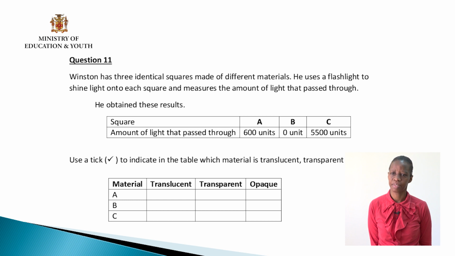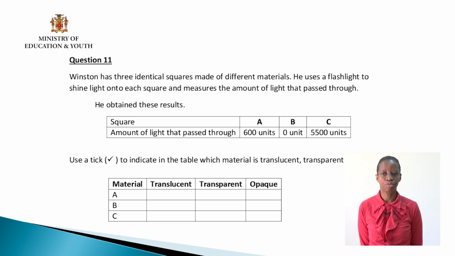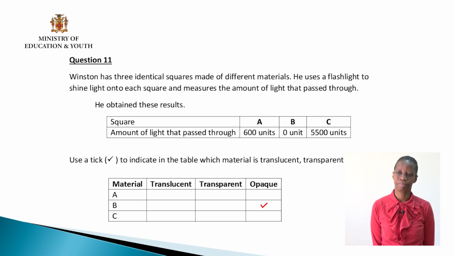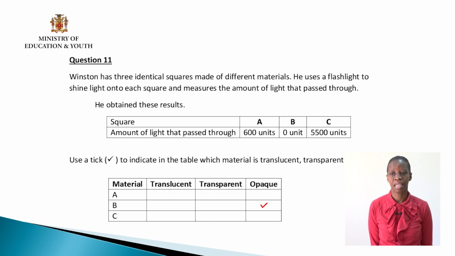What did you choose? All right, let's see. So, let's start with the opaque object. The one that had no light passing through, 0 from the table, would be opaque. Translucent allows some light. So the next value, 600 units, would represent the object which is translucent because it allows some light.